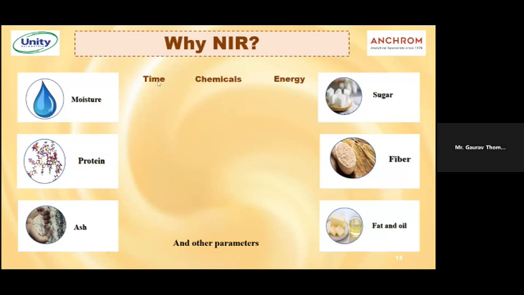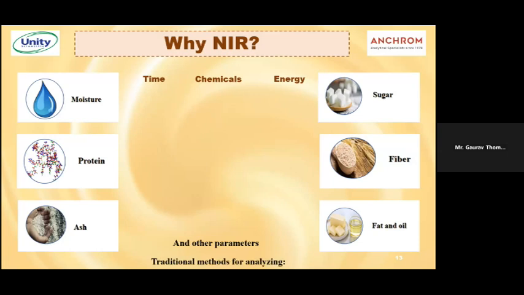Time for the sample analysis, chemicals in the form of reagents that you prepare, energy for preparing those chemicals, and even the human effort required for preparing the chemicals and doing the whole analysis and getting the results out. So there's a huge investment required for getting the results out and for maintaining batch to batch consistency.